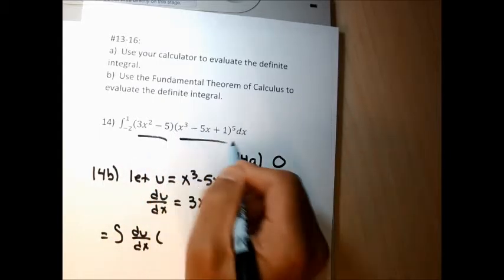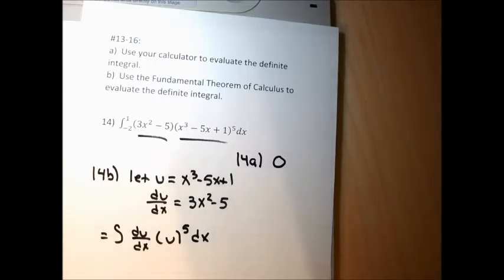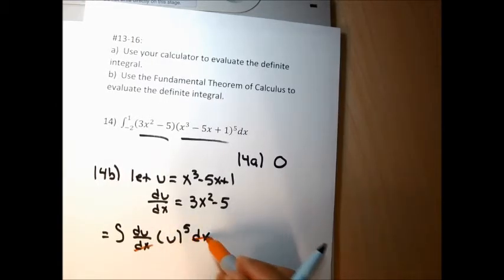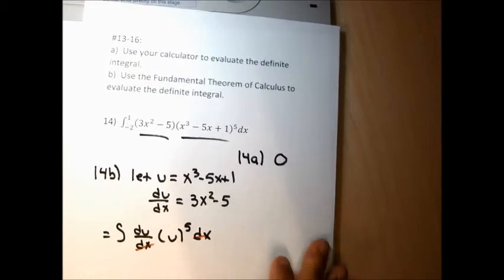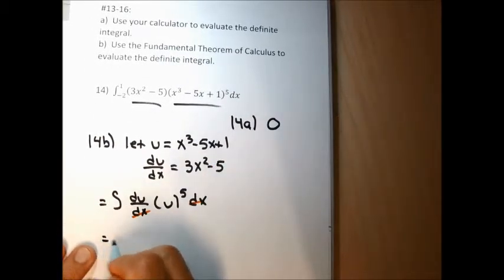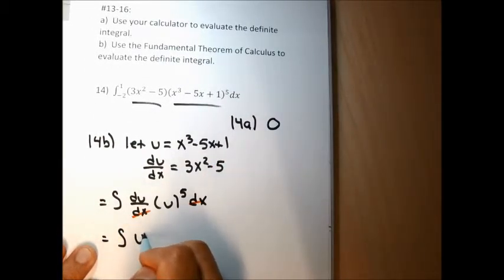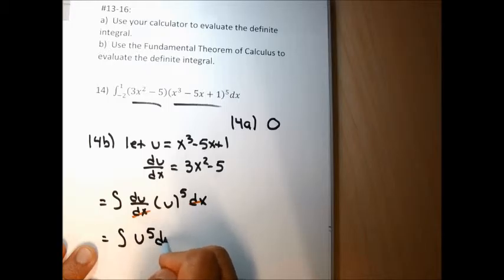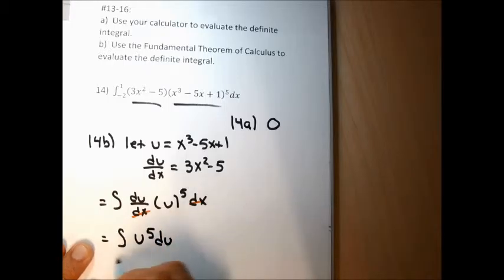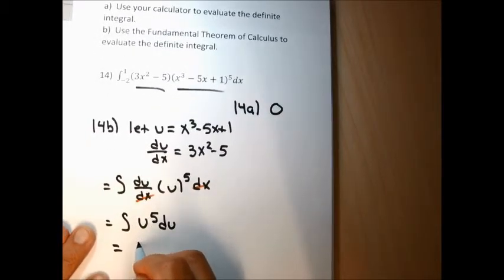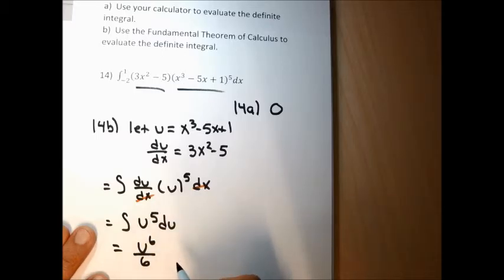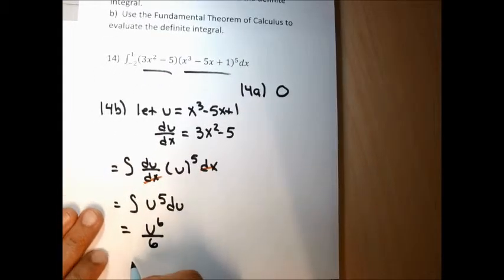Guess I didn't need a parentheses there. I'm going to cancel the dx's, write it in a nice order, and integrate by adding 1 to the exponent and dividing by the new exponent. Change my u back to the nasty thing that it is.